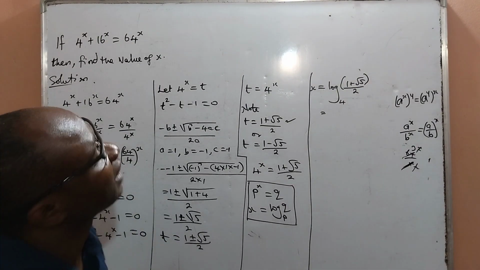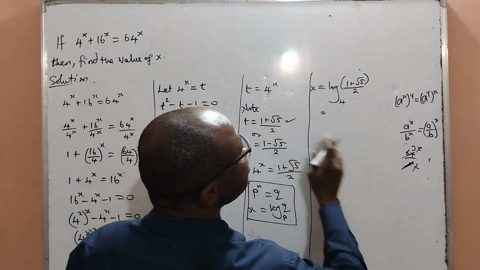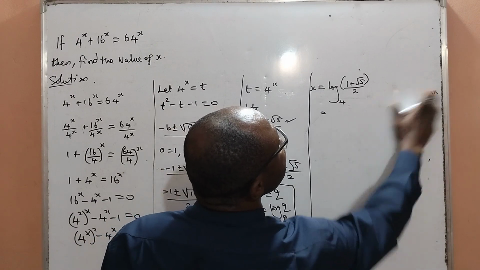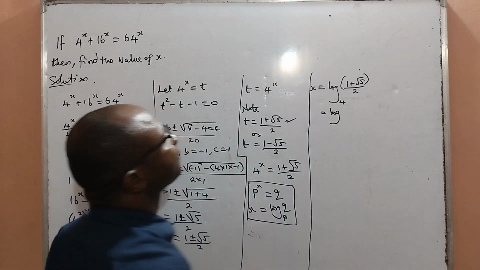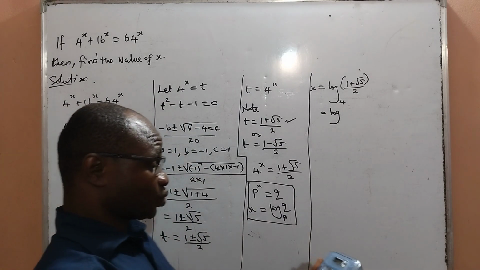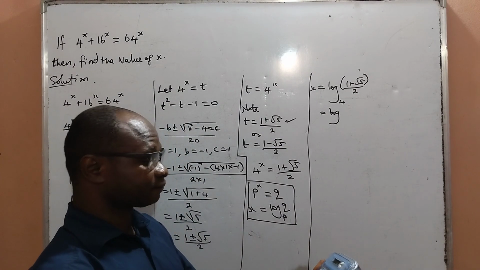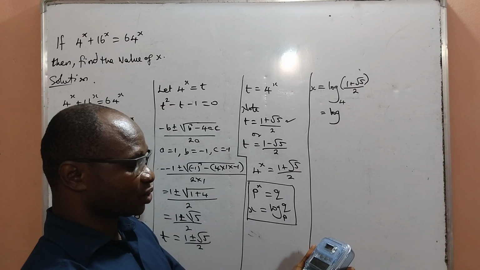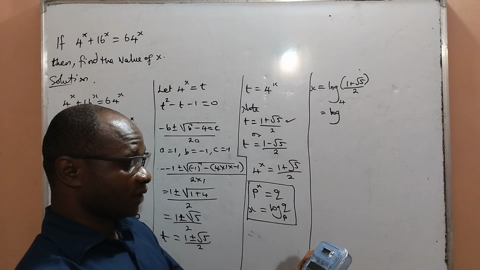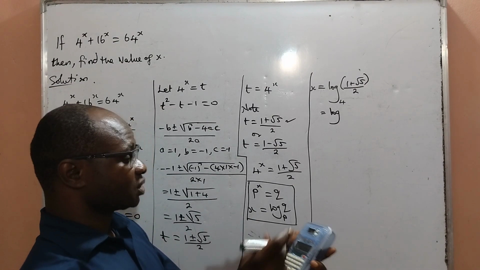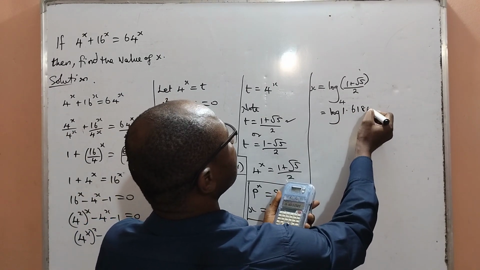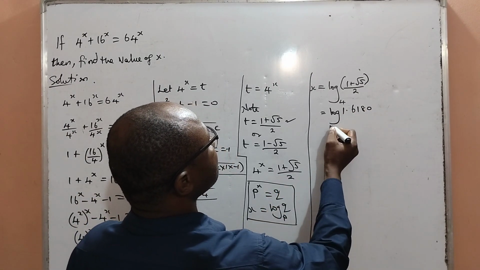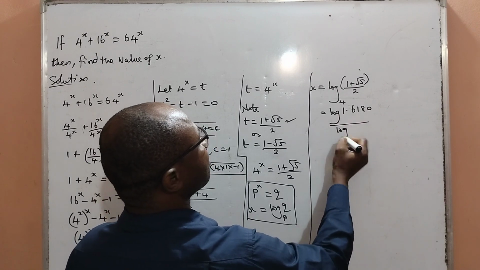Very good. But this is the same thing as, we make use of a calculator here, the log of the square root of 5 plus 1 divided by 2. So that is the log of 1.6180 divided by the log of 4.